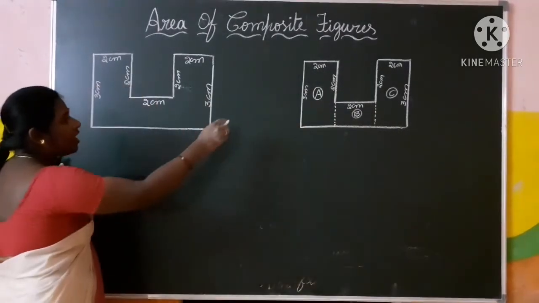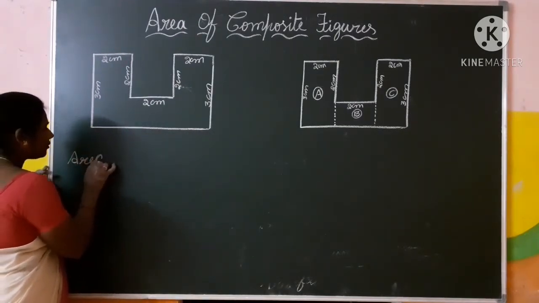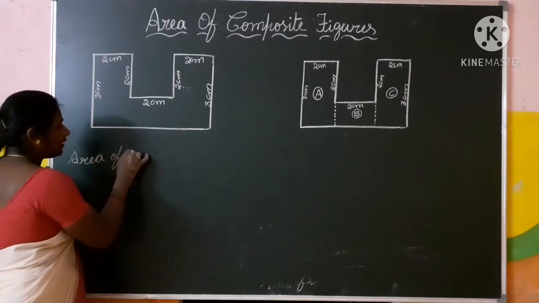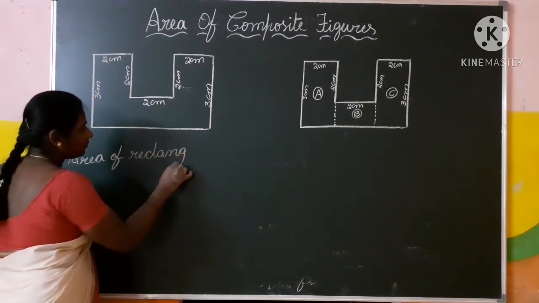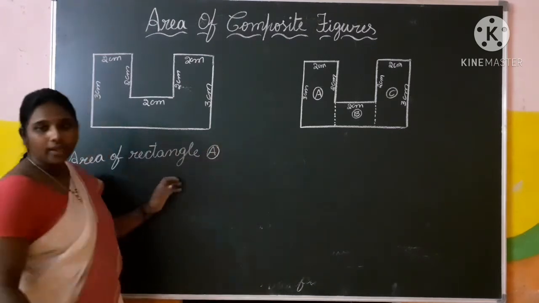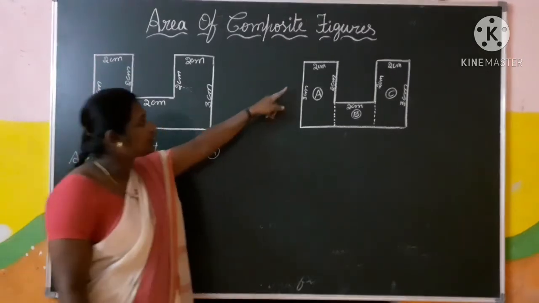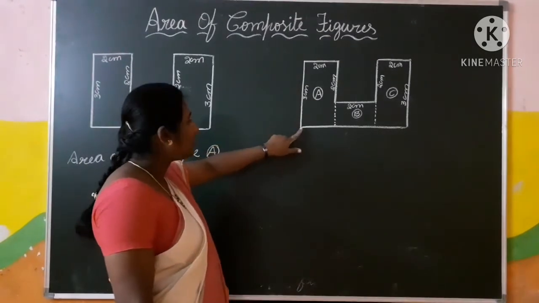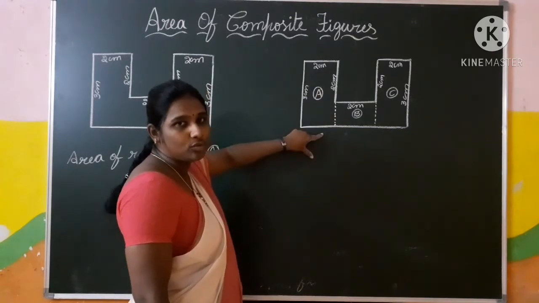So first, area of rectangle A. Here this is called the length of the rectangle, and this is called the breadth. Here 2 centimeters means here also 2 centimeters.